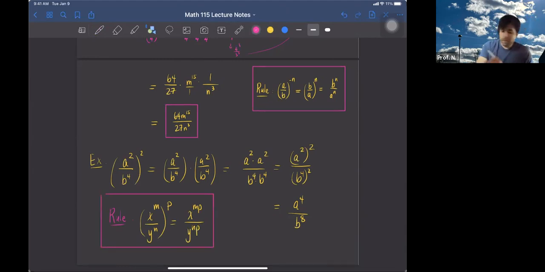That's another rule that I can use from now on. So if I have a fraction, and within that fraction I have powers, and that fraction is being raised to some other power, I can individually multiply the powers to the exponents. So that's the rule.